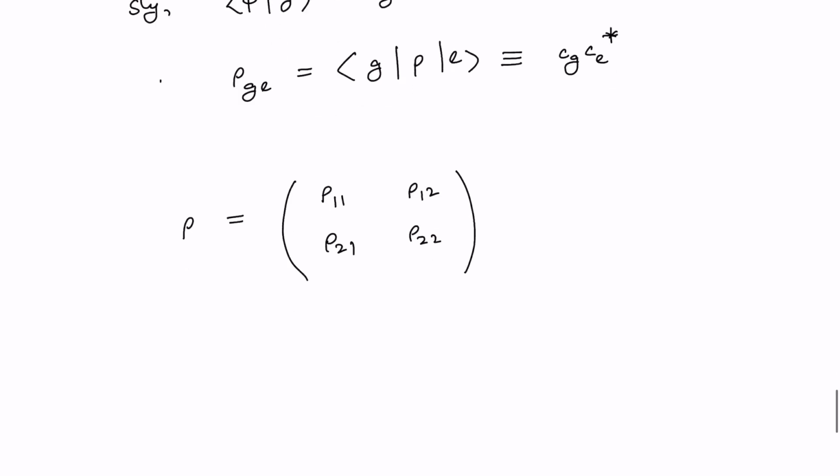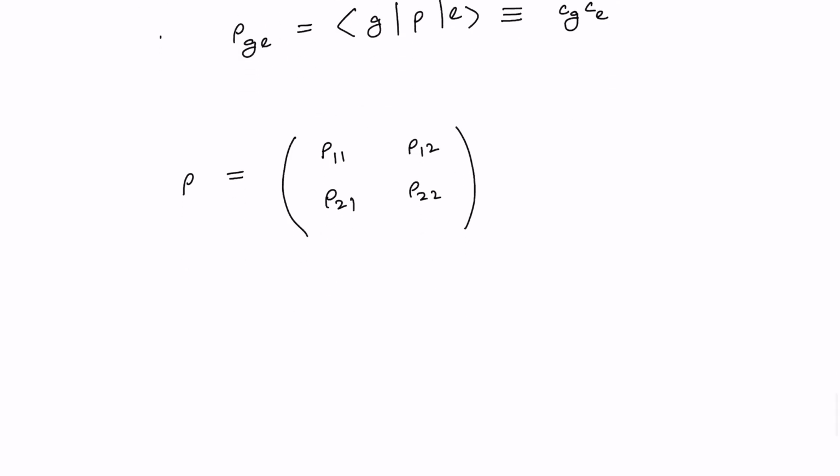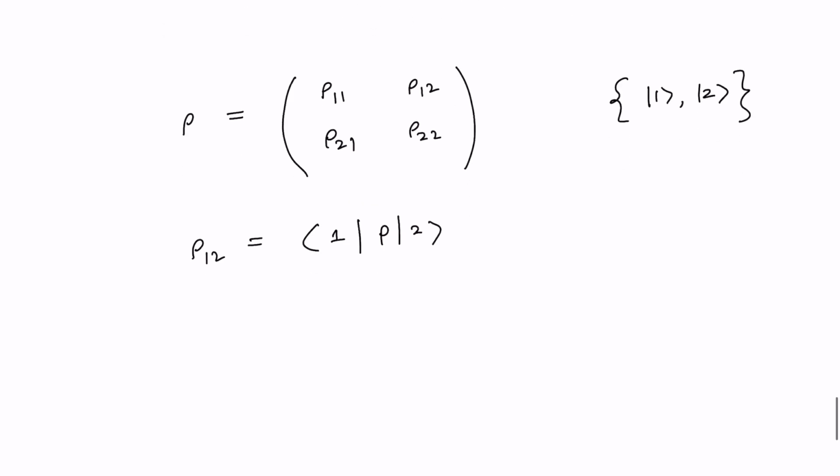These are the matrix elements, where rho 12 is the matrix element bra 1 rho ket 2. By the way, here I am taking the basis vectors as ket 1 and ket 2. I am considering a general case. And similarly, you have say rho 21 is bra 2 rho ket 1 and so on.